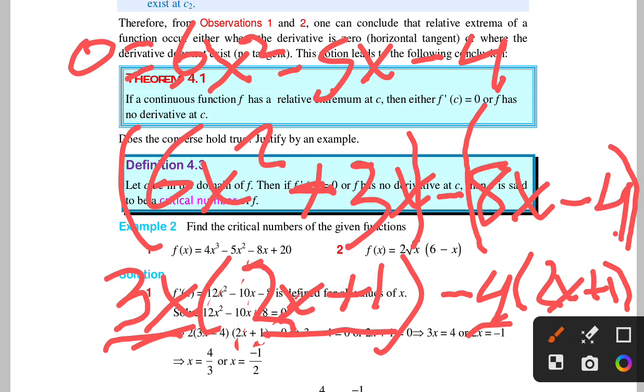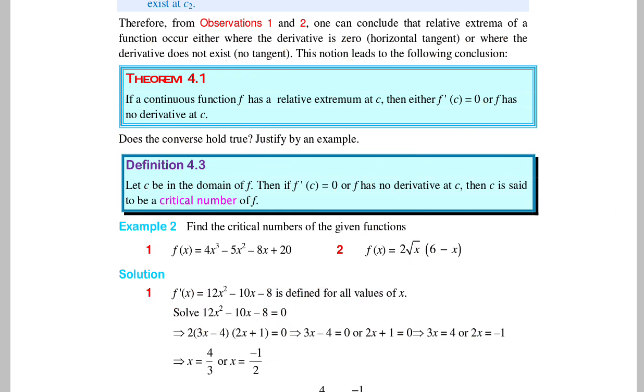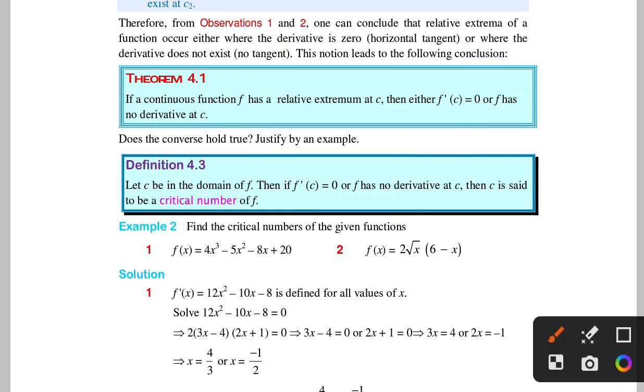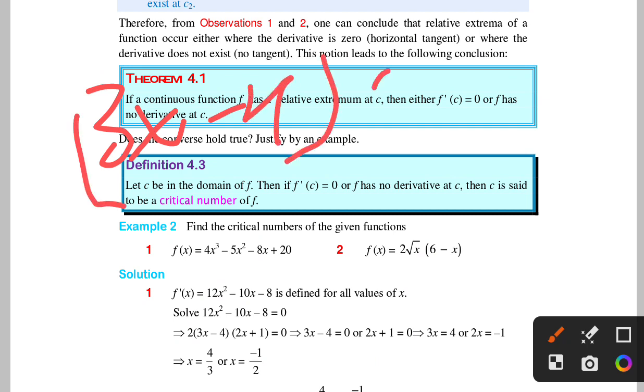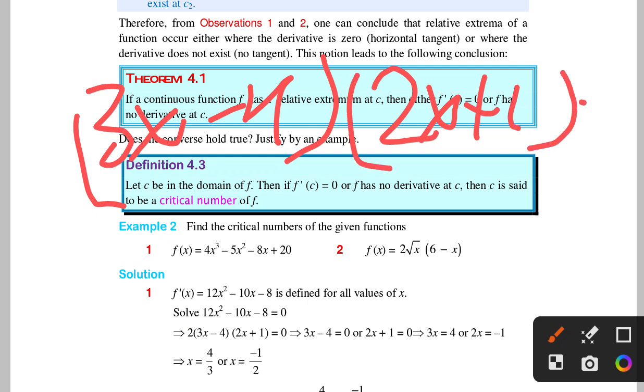Okay, let me take it. Wait, 3x minus 4 and 2x plus 1. Our common factor equal to 0, right?